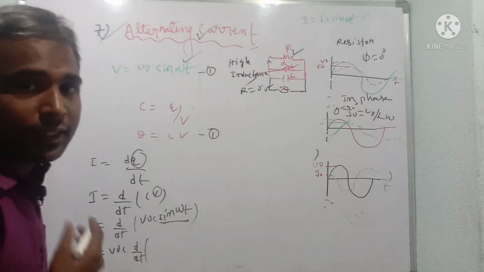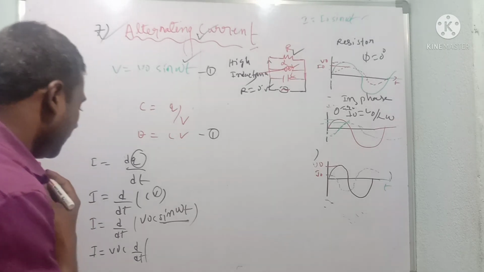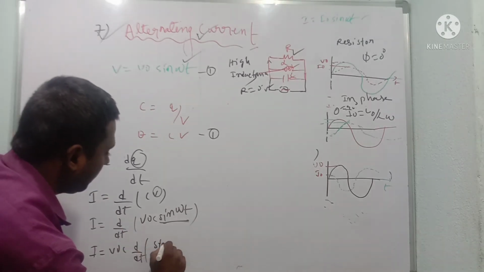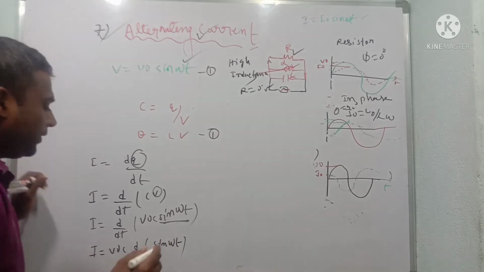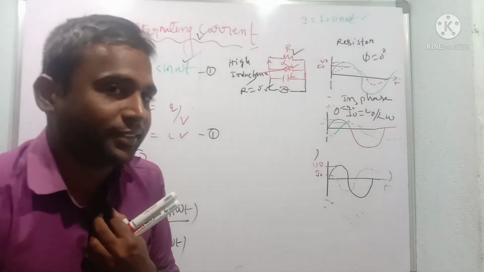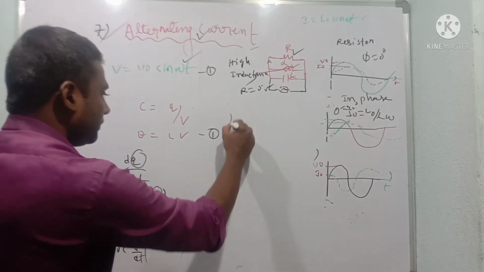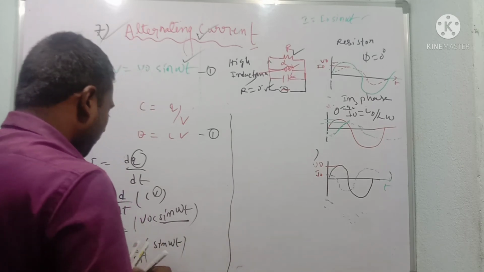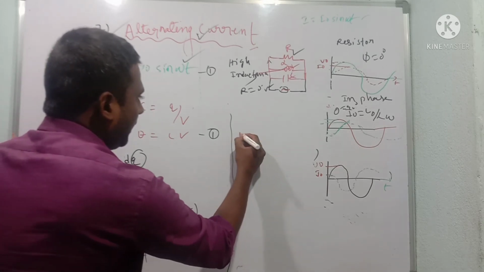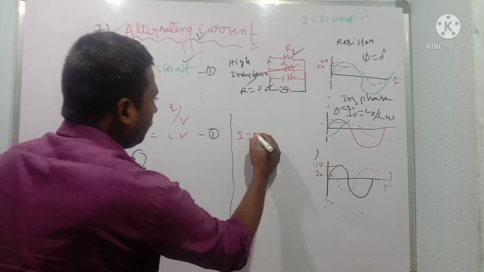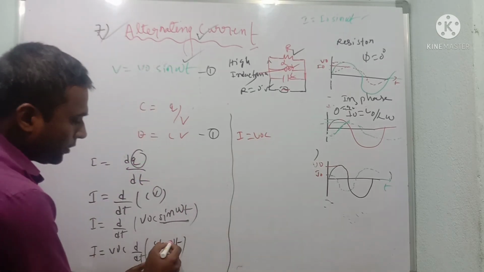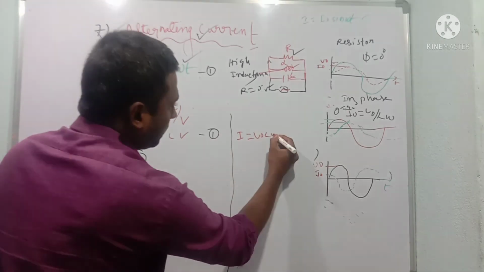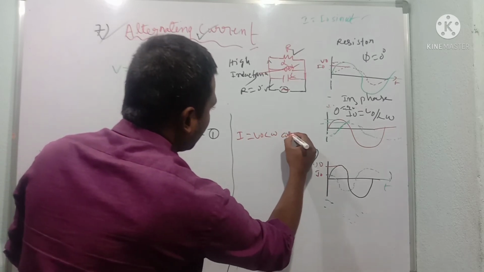In the previous case we did integration. Now this is sine omega t. We know that differentiation of sin x is cos x. So it is going to become what, children? I is equal to V naught C, omega is a constant term, multiplied into cos omega t.